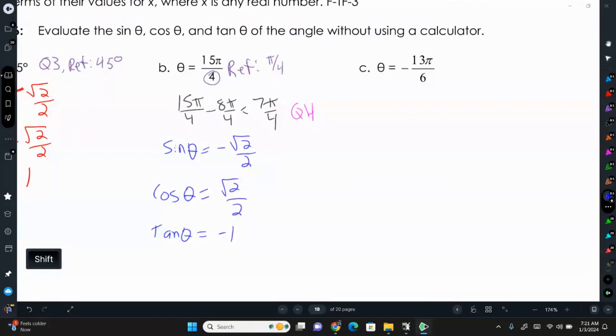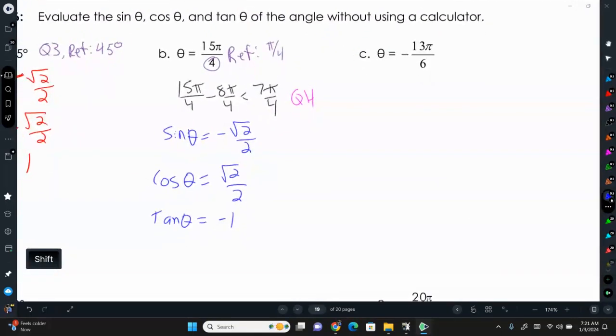So then letter C, our reference angle is going to be pi over 6. And to get our angle, adding a full circle, we get negative pi over 6, which, again, if you know that negative pi over 6 is going to be in quadrant 4, you can stop there or add another circle, and you'll get the positive angle.